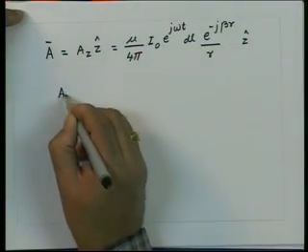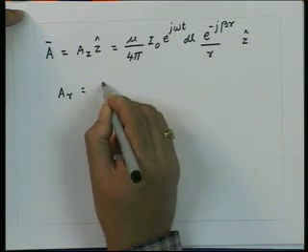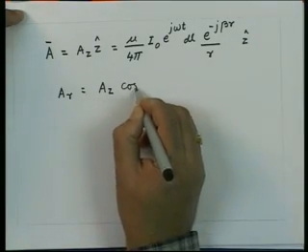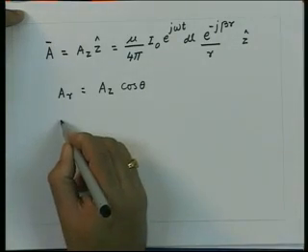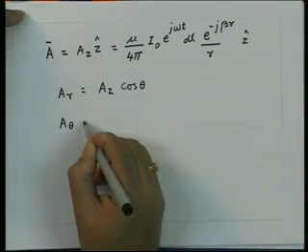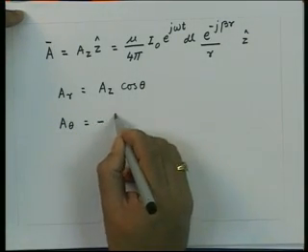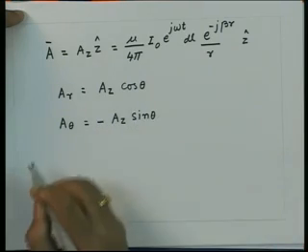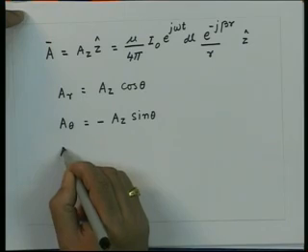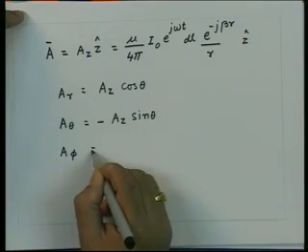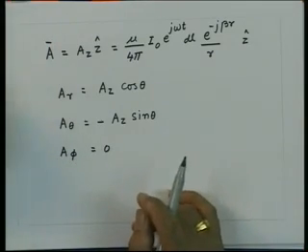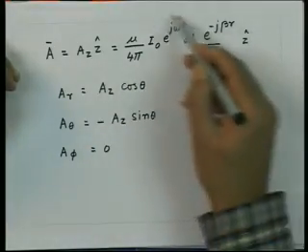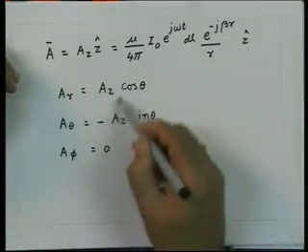A r is equal to A z cos theta, A theta is minus A z sin theta, and A phi in this case is equal to 0, where A z is essentially this quantity. So, if you put the whole thing together, that is this quantity A z.